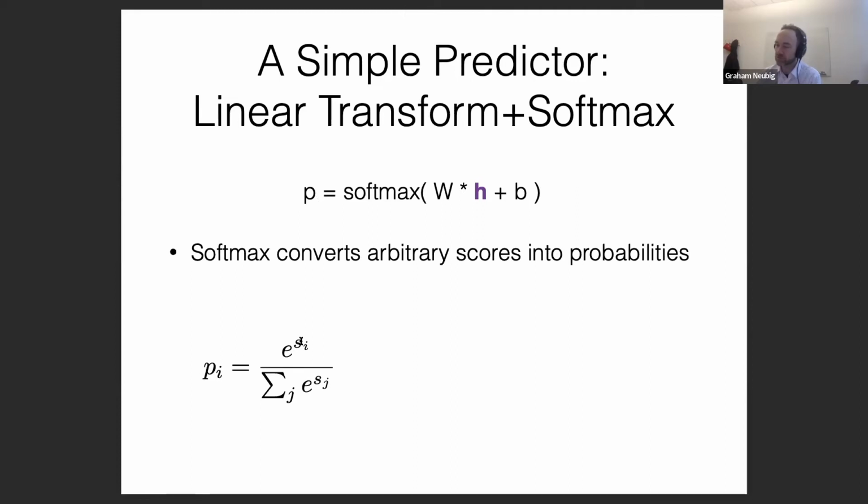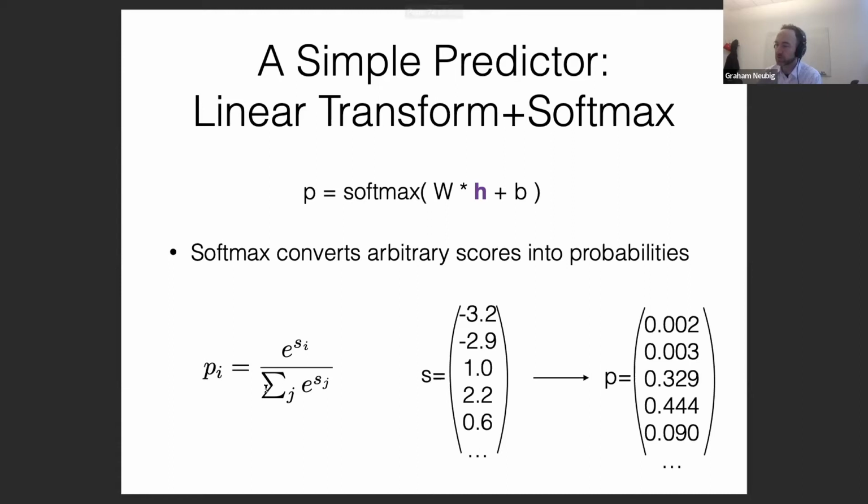We exponentiate the score at each of the elements in the resulting vector, divided by a normalizer to make sure that all of them add up to 1, and that gives us a probability of our final output. So it might look a little bit like this. After the linear transform and bias addition, we might have a score vector that looks like this, and we turn it into a probability vector. I think this should be pretty familiar to a lot of people.